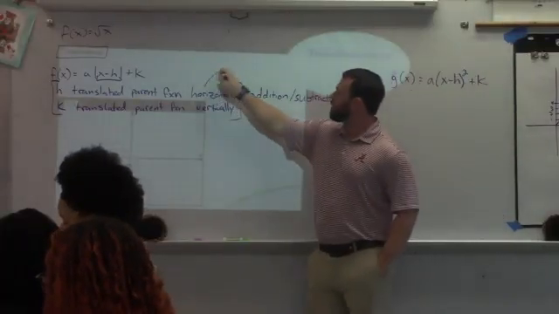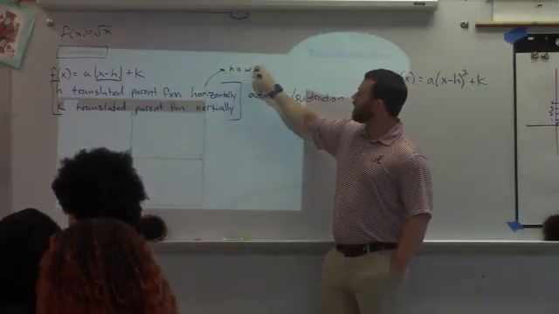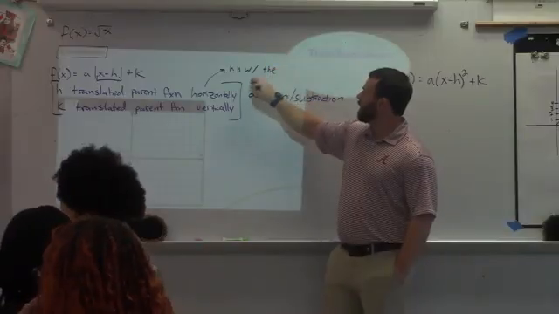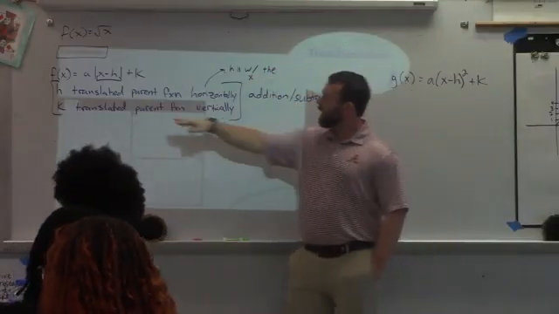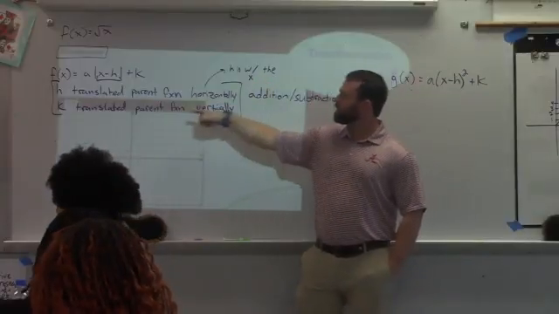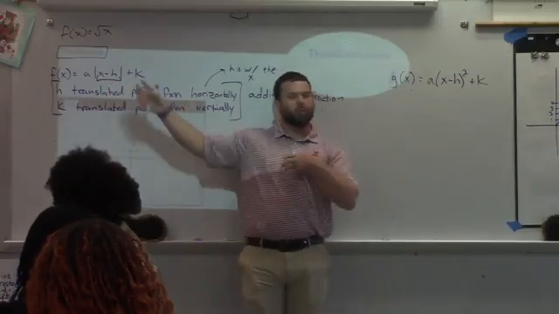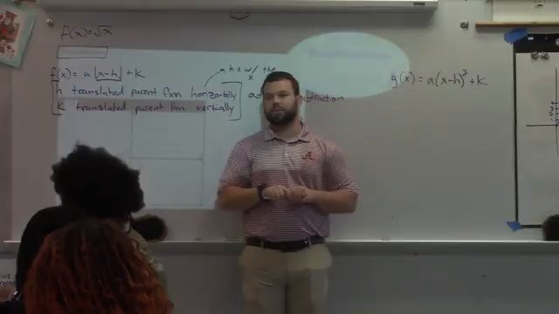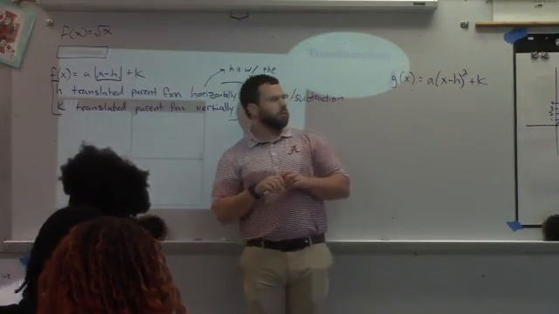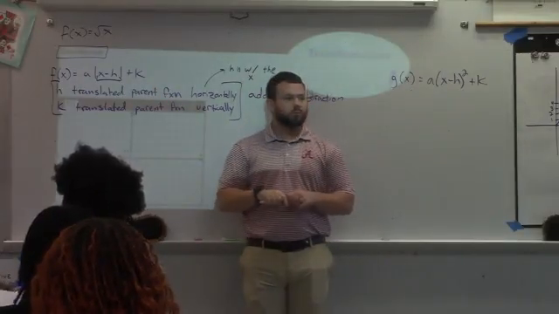So why is this horizontal? Because h is with the x. And I also will point out, and I want y'all to pay attention to this: what was the defining operation in the absolute value of x? What was the defining operation for the absolute value function?